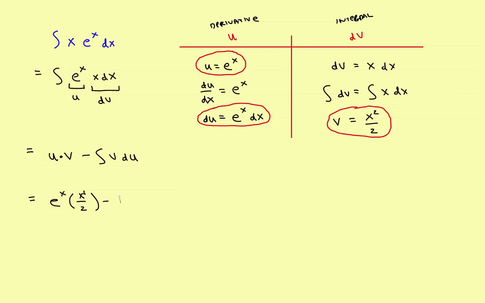Then minus the integral of v, but v is x squared divided by 2, and then times du, but du is e to the x dx. So this would be e to the x dx.